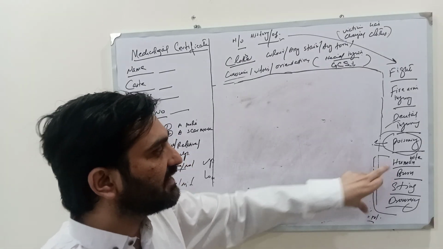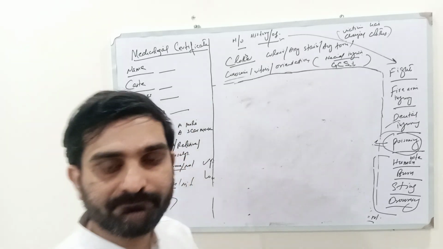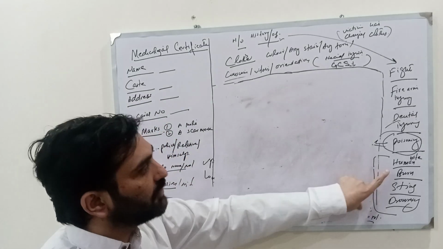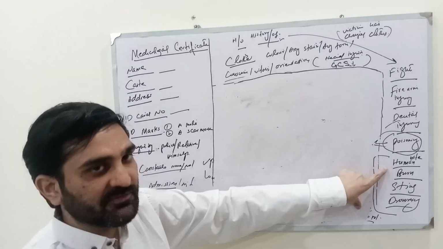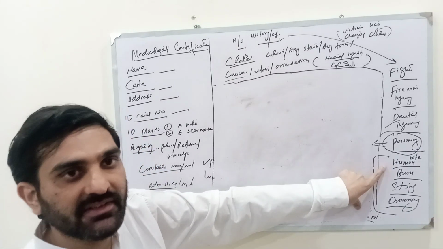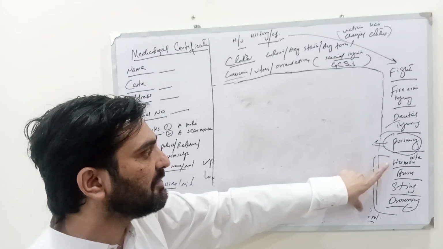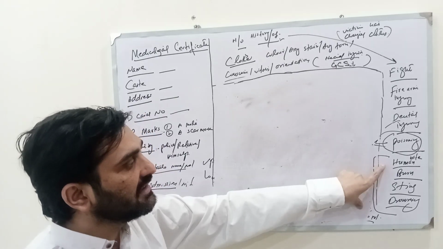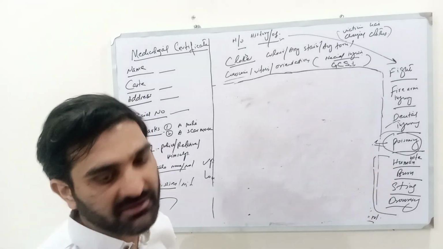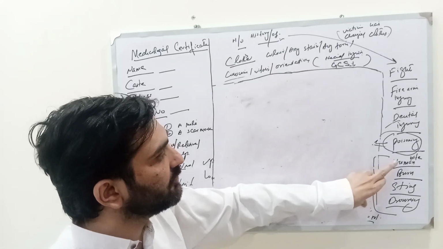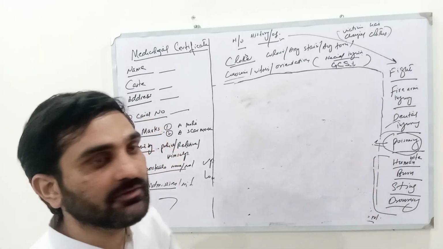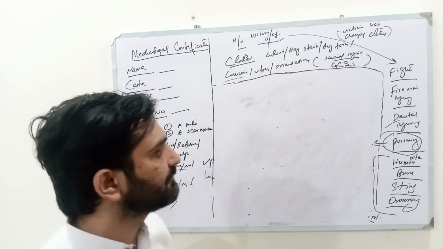But if you find that a human bite is deep enough, you have to decide either incised wound or lacerated wound. Remember, in human bites we write incised wound because, due to sharp edges, teeth have the ability to make an incision. So we write deep human bite wounds as incised wounds.